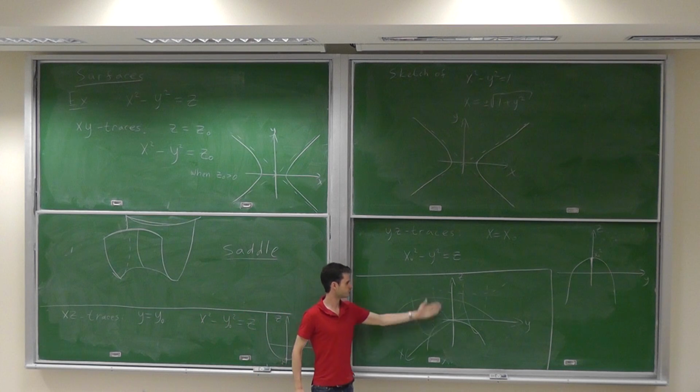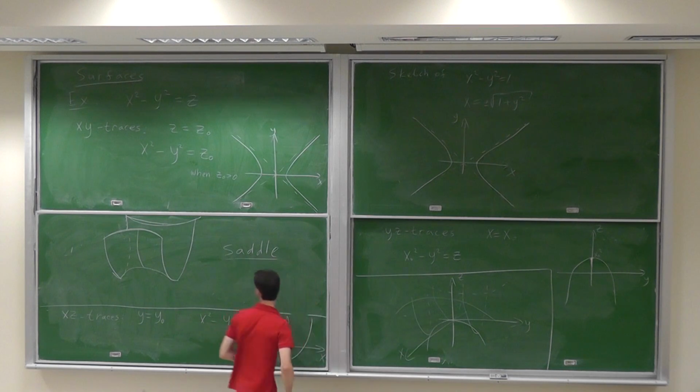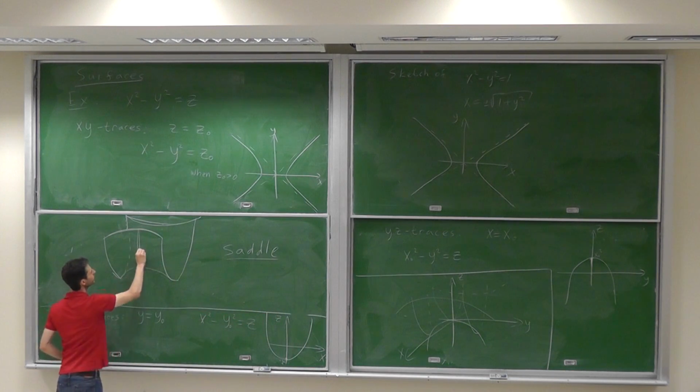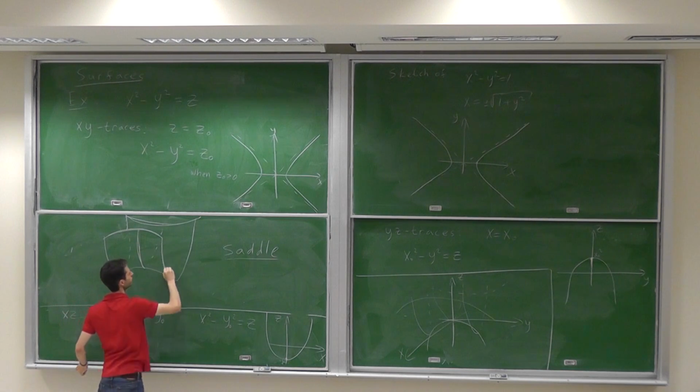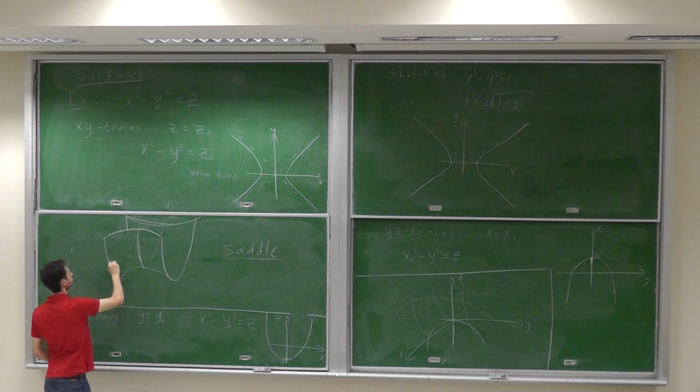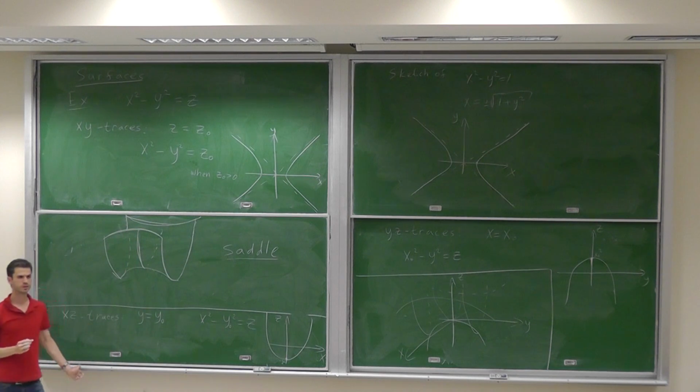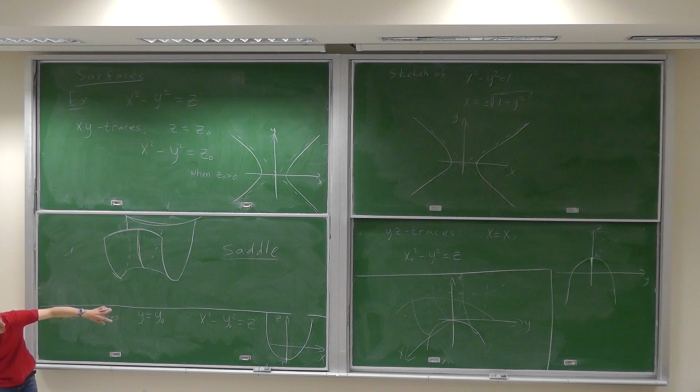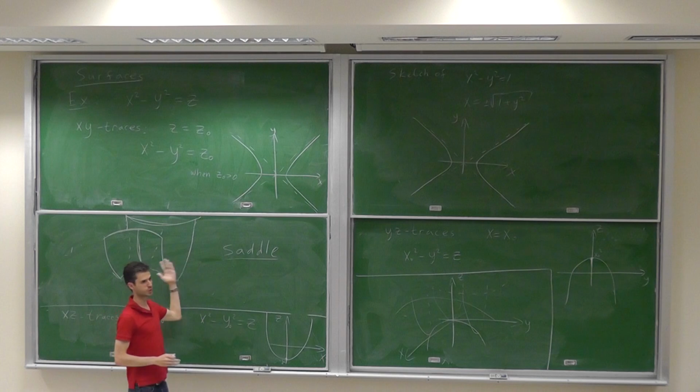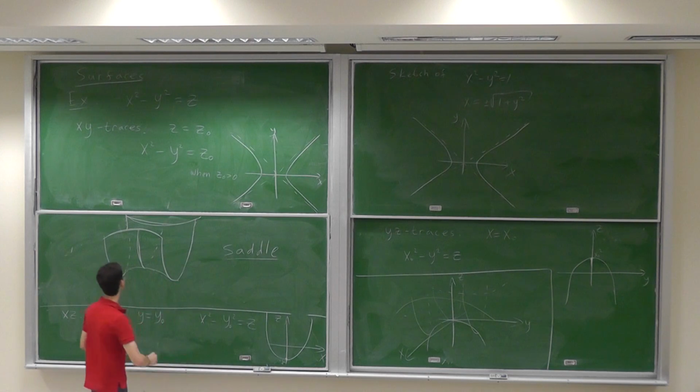We are cutting by planes parallel to the XZ plane. Here's one. It's a parabola. Here's another parabola, another parabola. Different traces. Think about YZ traces.